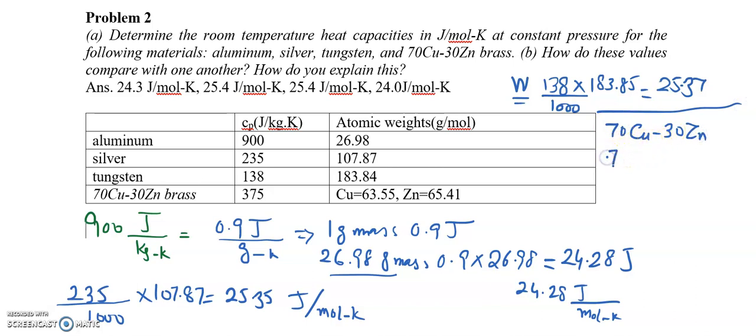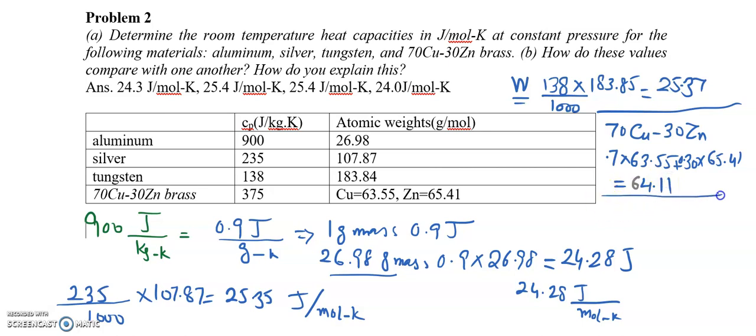The average atomic weight will be 0.7 times 63.55 plus 0.3 times 65.41, which is equal to 64.11.